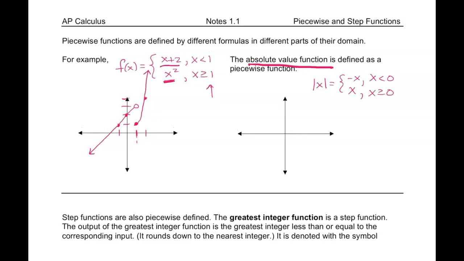The absolute value function is going to look like the shape of a V. So when x is actually 0, I'm at 0, 0. But everything to the right is going to be on the line y equals x. And then everything to the left of 0 is going to be on the line y equals opposite of x, because we're taking the opposite of x when we are less than 0.